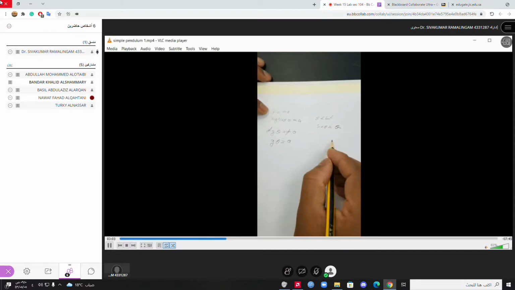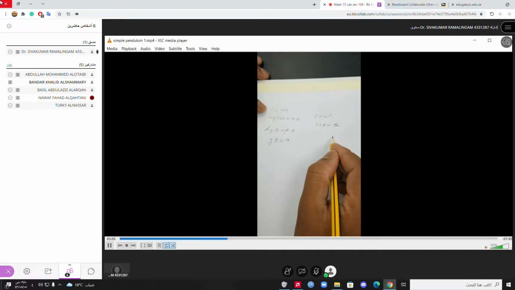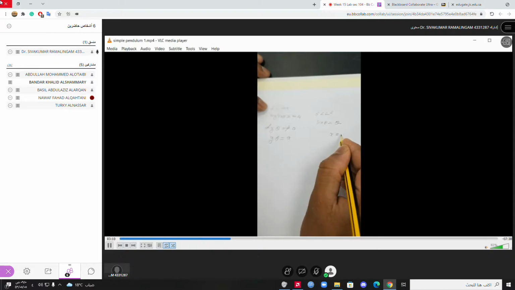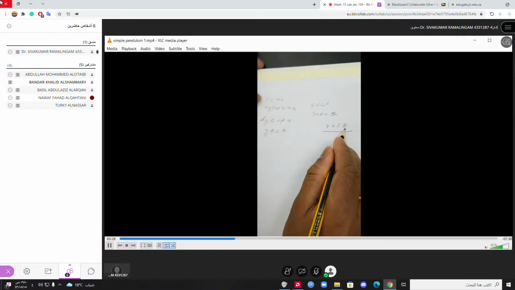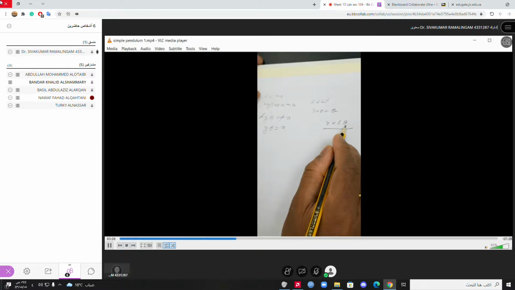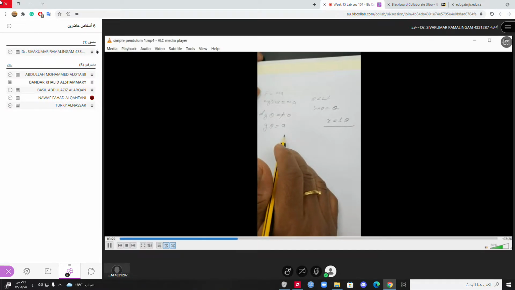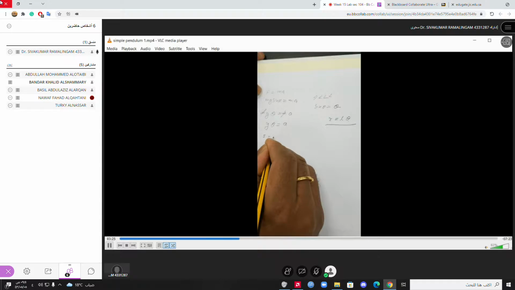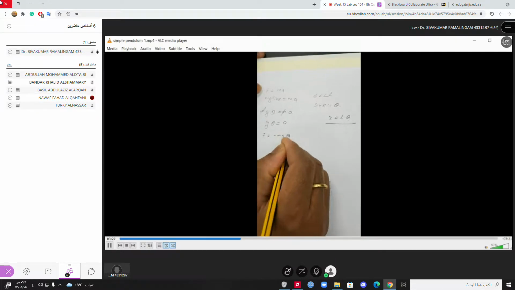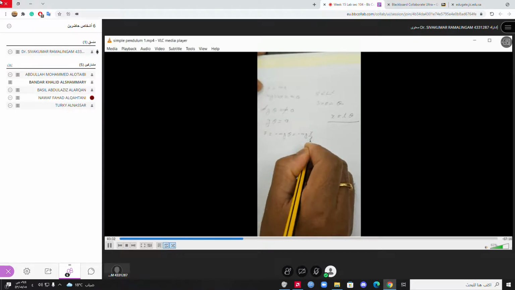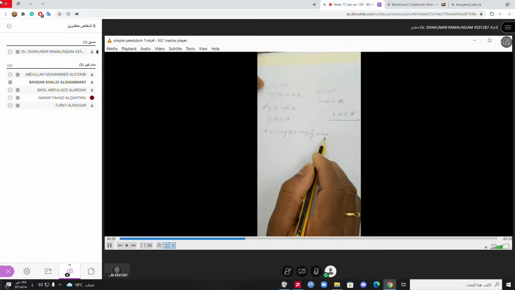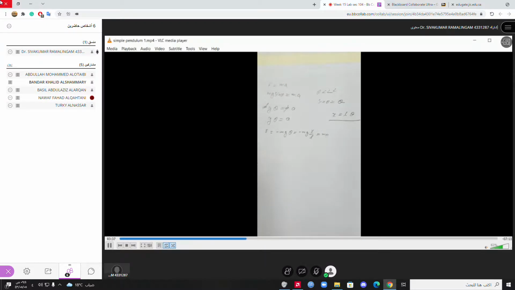Now, x is the linear displacement and theta is the angular displacement, L is the radius of rotation. Now x is equal to L theta, the relation between linear displacement, radius of rotation, and angular displacement. By substituting all these values here, F is equal to minus mg theta, equal to minus mg x over L. Instead of F, I'm writing m a.